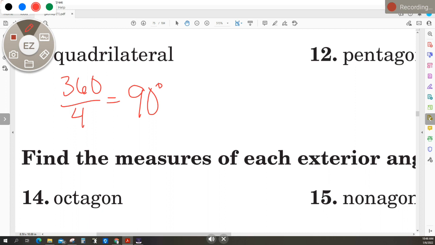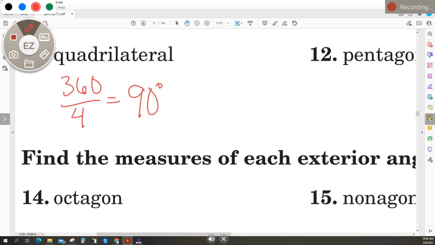Now, it makes sense. What quadrilateral has all 4 sides the same? A square. And angles the same, a square, right? And what are the angle measurements of a square? 90. Right? So it is logical.